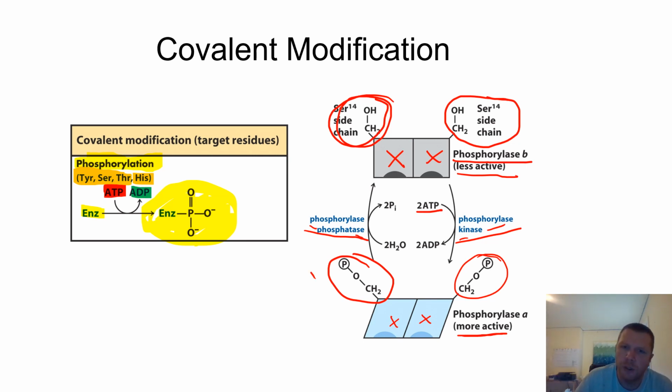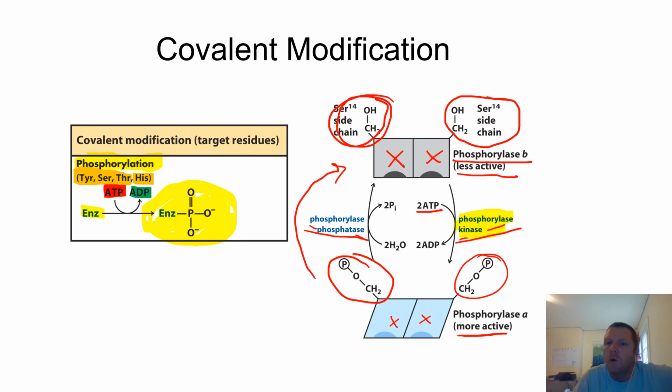That will produce our less active phosphorylase B, our doubly dephosphorylated phosphorylase B. So it's important to know that modifications, and I think this really is a great example of the reversible nature, because this is showing the two different enzymes that are involved in the activation and deactivation.